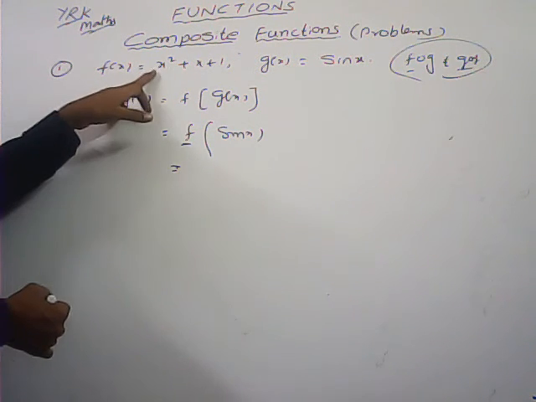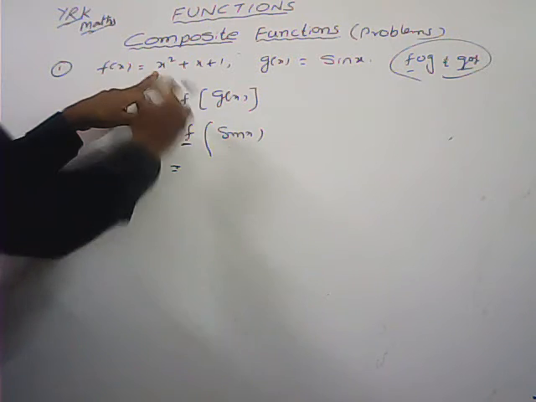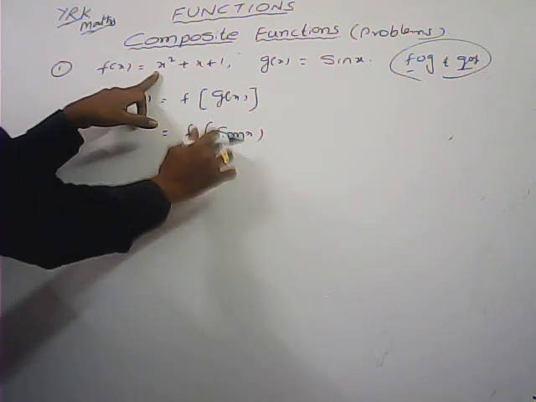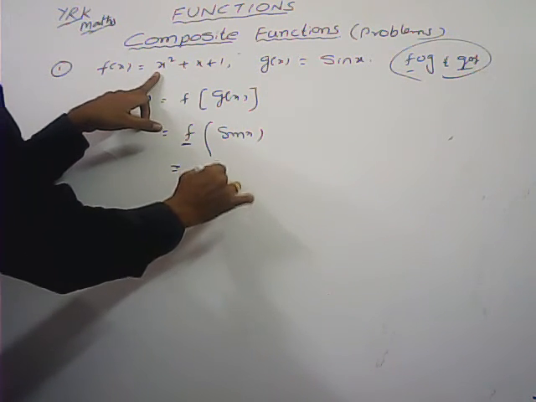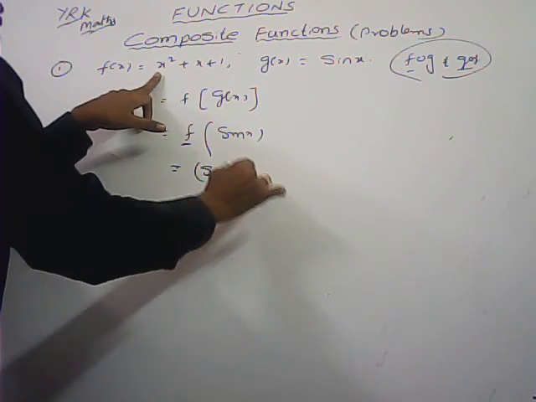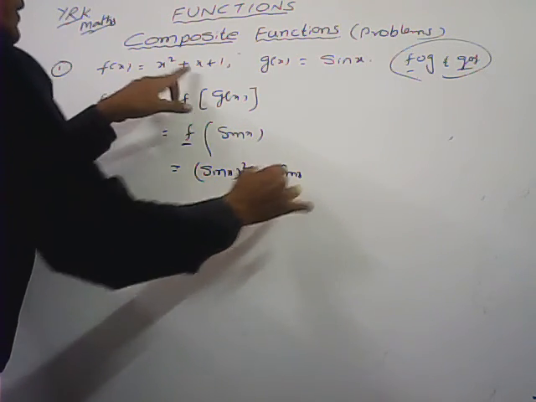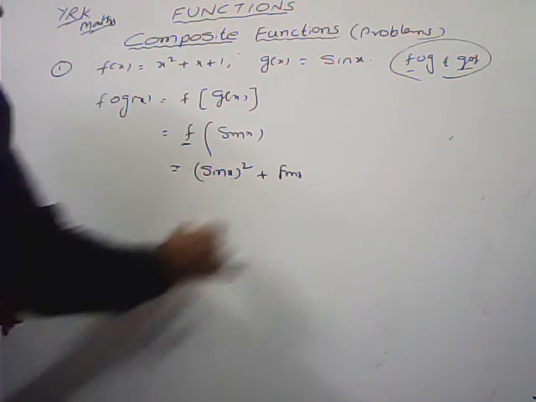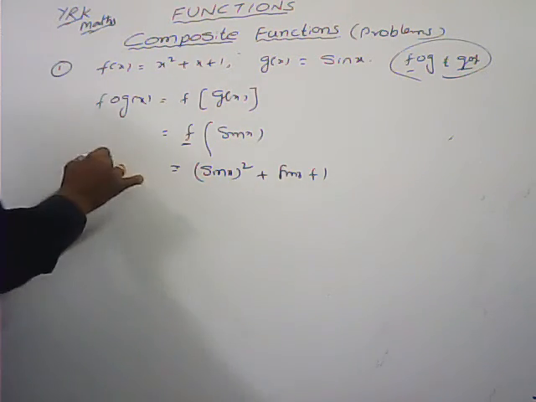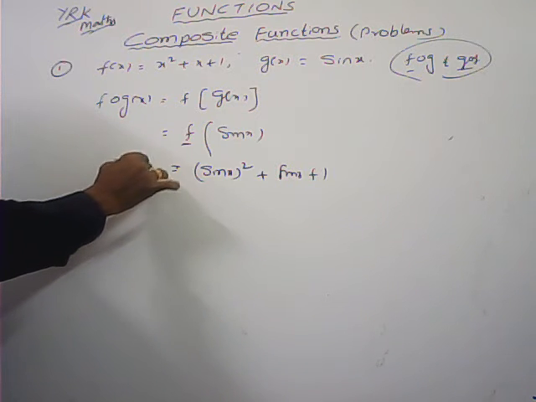While writing the f function, in the place of x you can replace this term, sin x. Sin x whole square plus, again x is there, in the place of x you can put sin x, plus 1. This is f circle g of x.